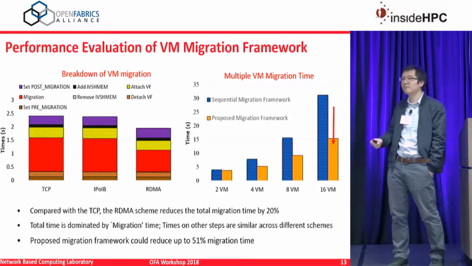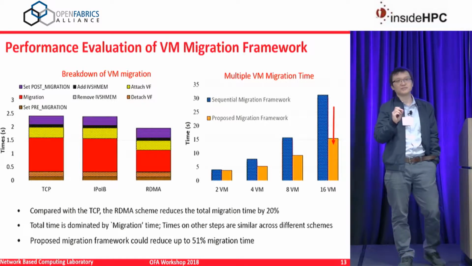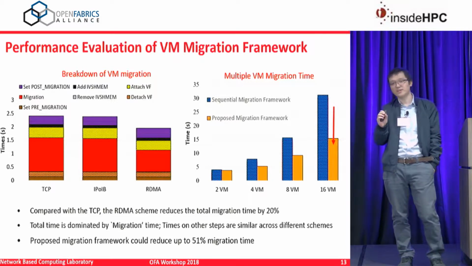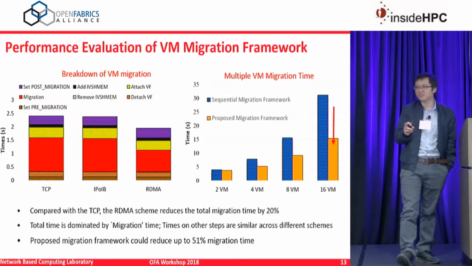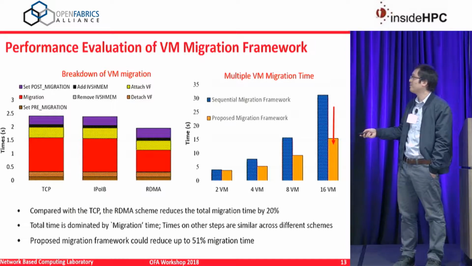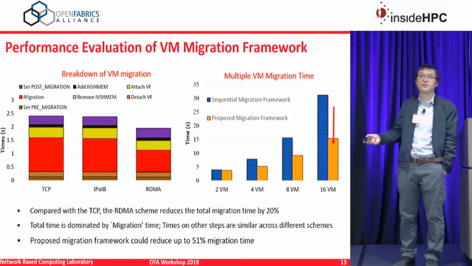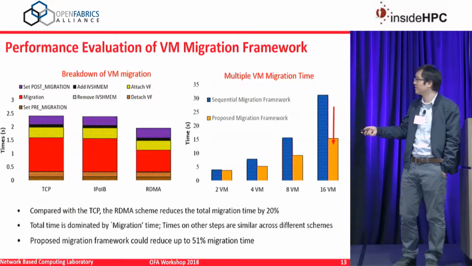With live migration, the major bottleneck is actually the speed of your network, because you have to transfer your dirty pages during the live migration phase. So of course, if you use high performance protocols like RDMA, you get much better migration performance, as this graph shows.